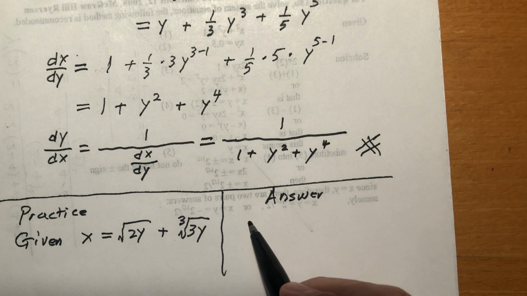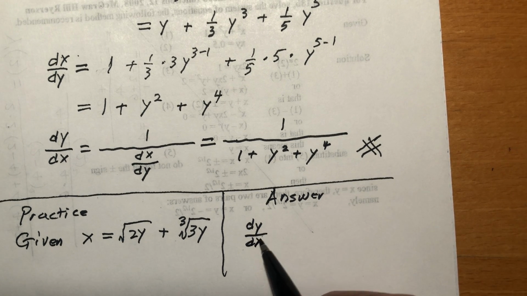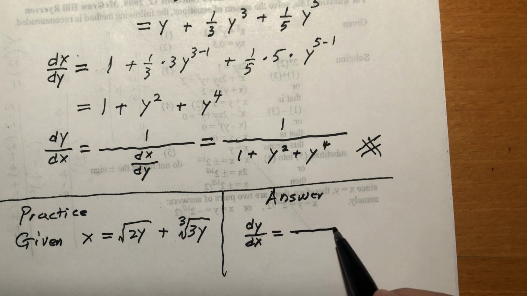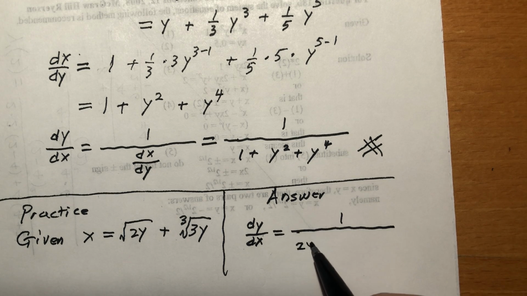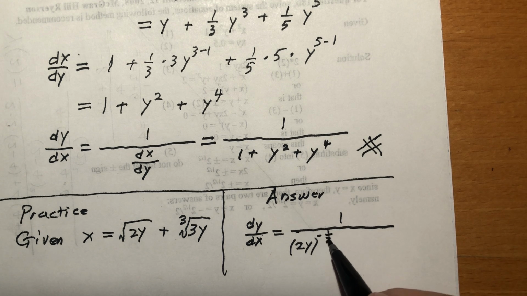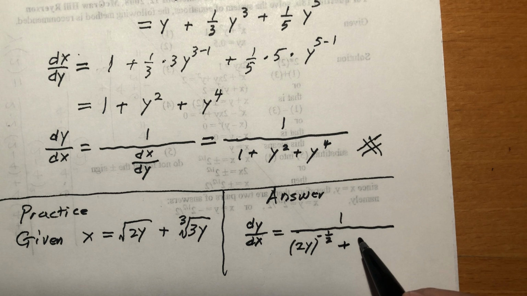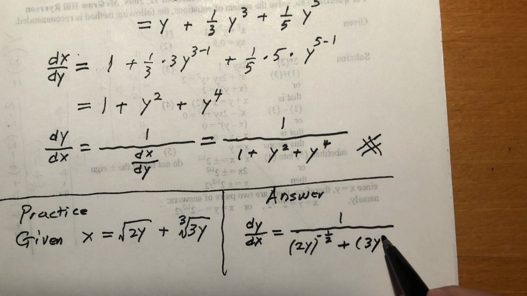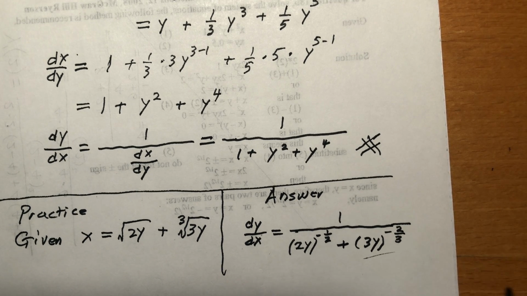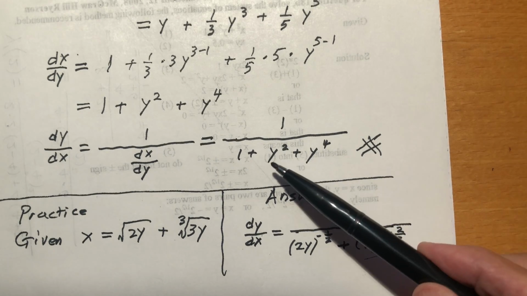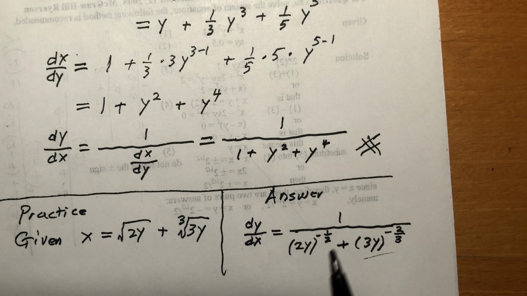The answer is dy by dx is equal to 1 over this. Don't worry about the y on the right-hand side. This is exactly your answer.